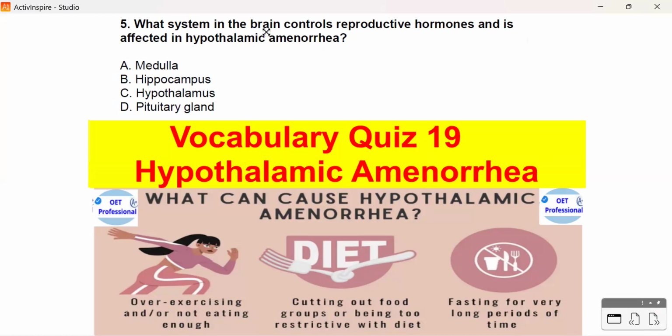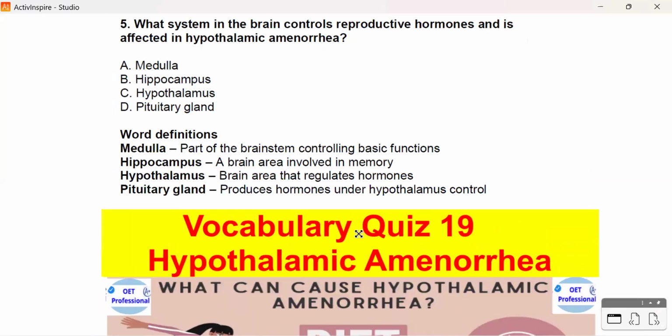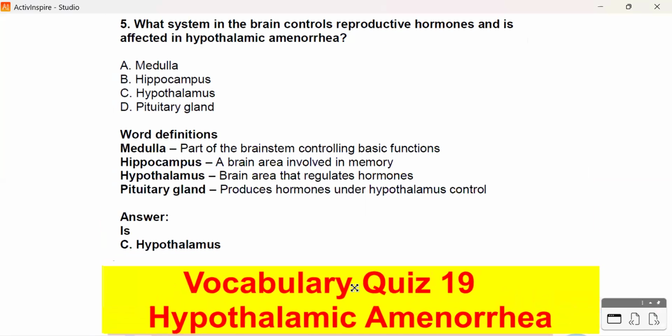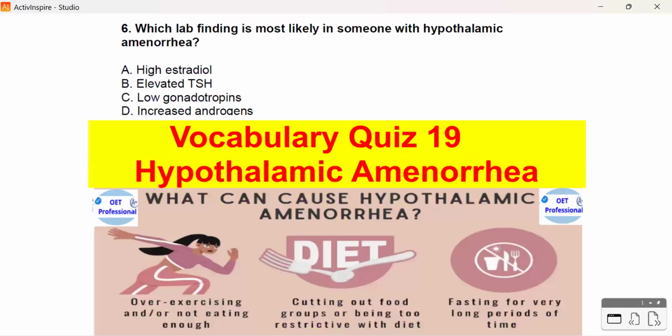What system in the brain controls reproductive hormones and is affected in hypothalamic amenorrhea? Medulla, hippocampus, hypothalamus, pituitary gland. The correct answer is the hypothalamus, a brain area that regulates hormones.